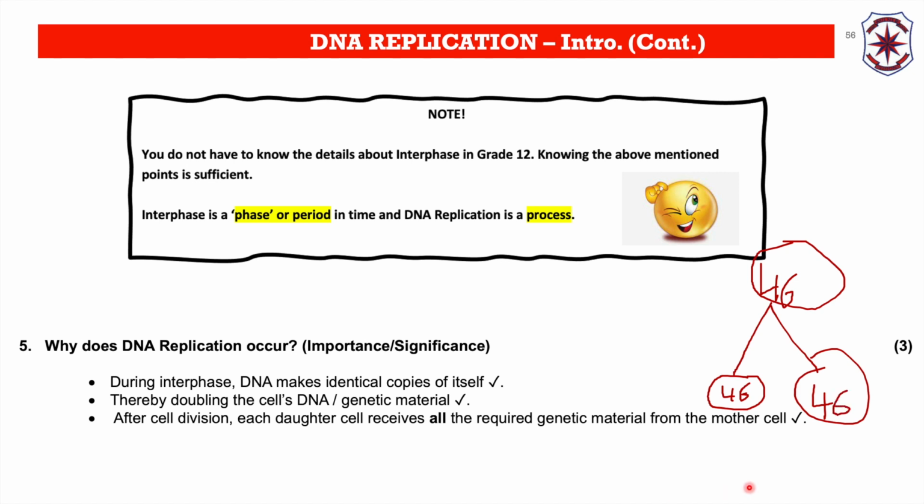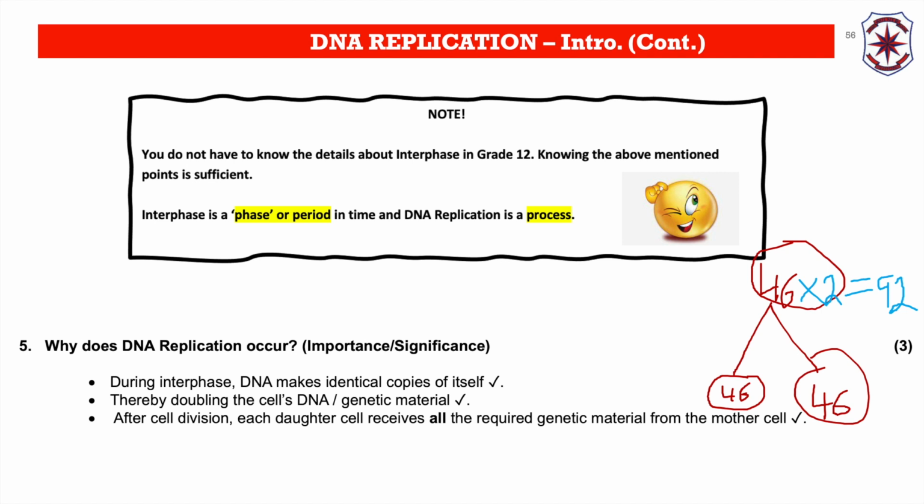Is it possible for us to divide this cell and produce 46 in each? If we have only 46 chromosomes, that's impossible. So what DNA replication does, it doubles the cell's genetic material, meaning times 2. So 46 times 2 would equal 92. I hope my mathematics is correct.